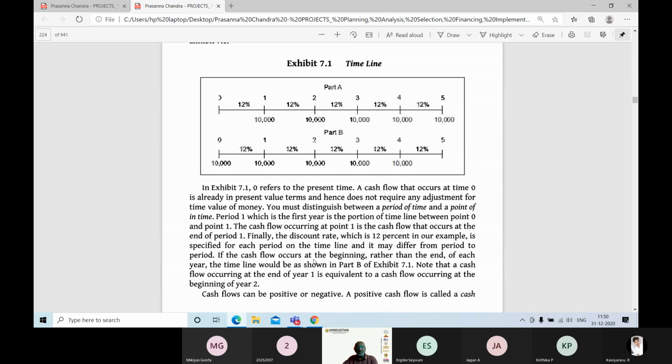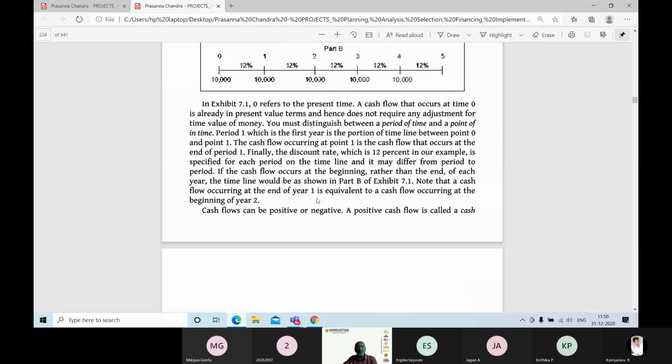If the cash flow occurs at the beginning rather than the end of each year, the timeline would be shown in part B. This is part B. And note that a cash flow occurring at the end of year 1 is equivalent to a cash flow occurring at the beginning of the next year.